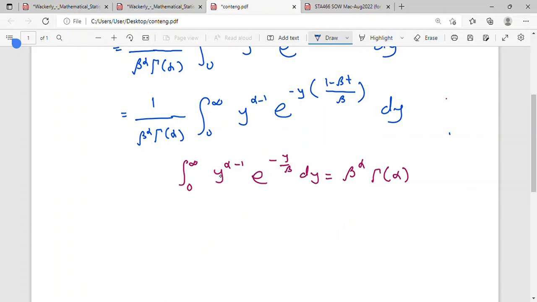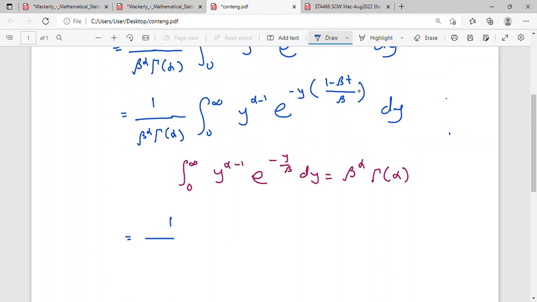Okay, so sekarang comparekan dengan these two. Compare these two. This one beta alpha gamma alpha, gunakan alpha dekat sini, alpha minus 1, and beta dekat sini adalah 1 over beta here. But here, kalau dekat sini, beta nya adalah tukarkan beta over 1 minus beta t. Sini negatif 1 multiply dengan 1 over beta t.